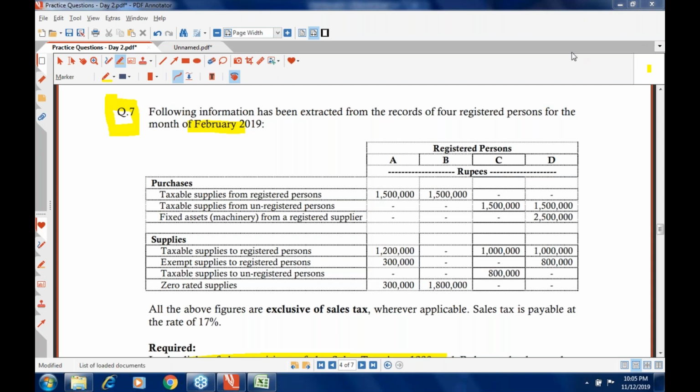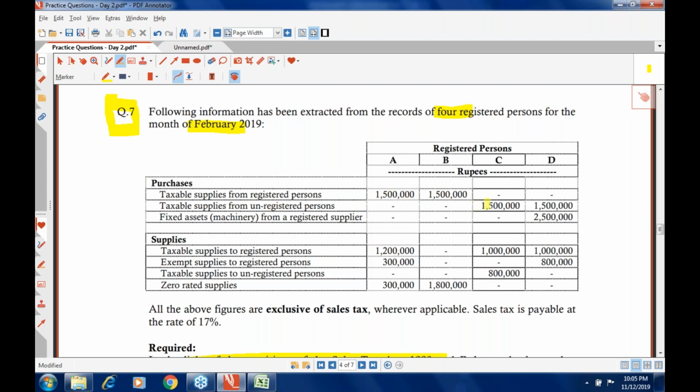Okay, let's talk. If I talk about this question, it says the following information has been extracted from the records of 4 registered persons for the month of February 2019: registered person A, registered person B, registered person C, and registered person D. It says the taxable supplies from registered persons A 1.5 million, from B 1.5 million.